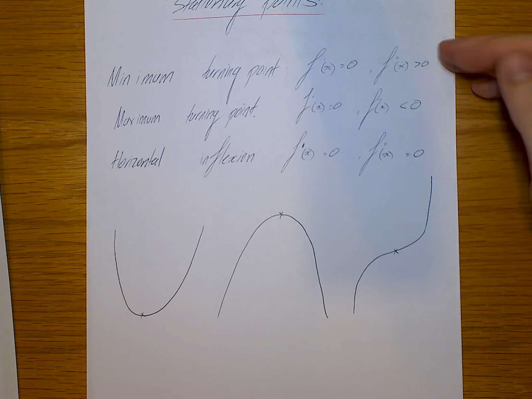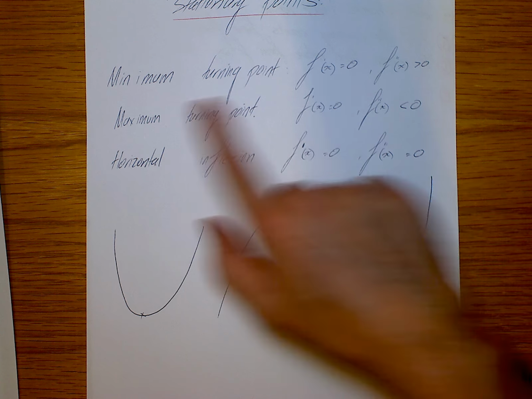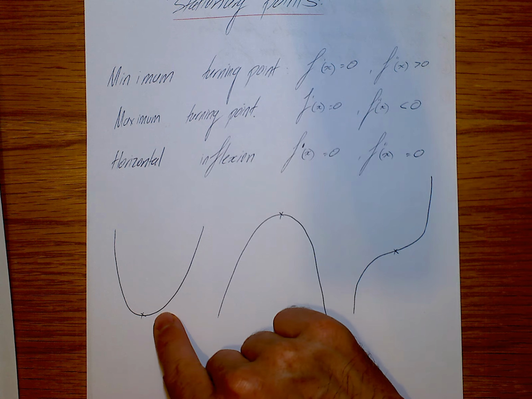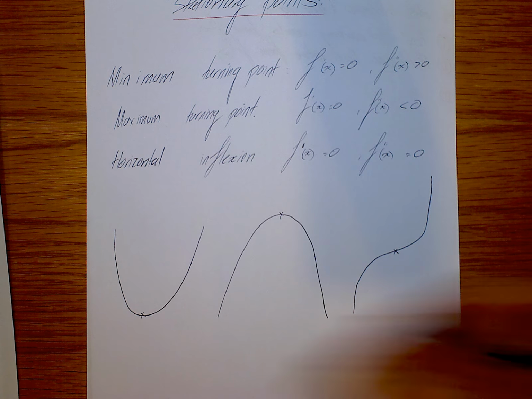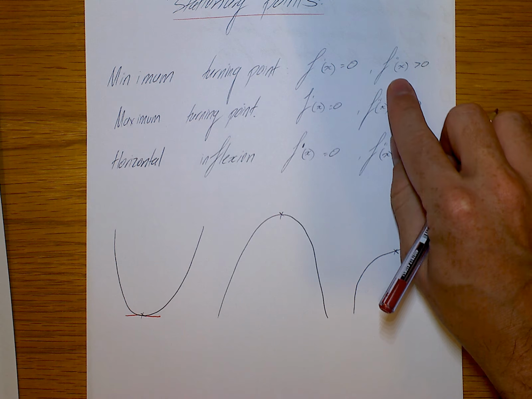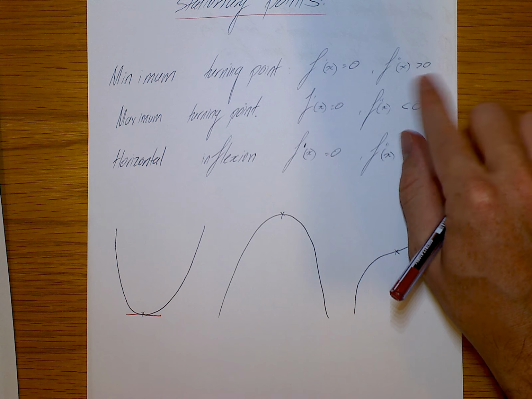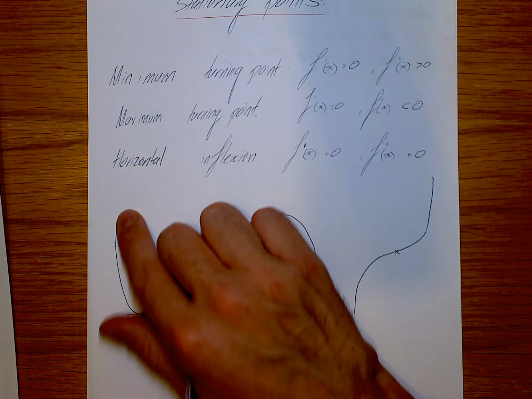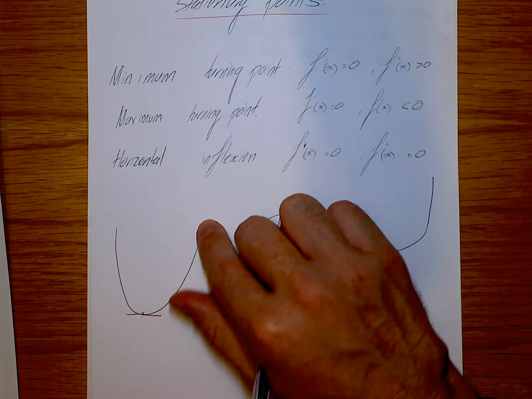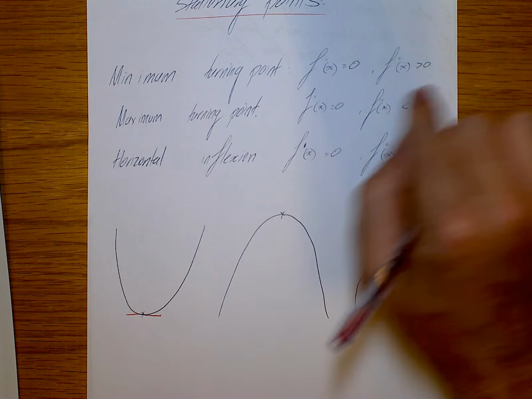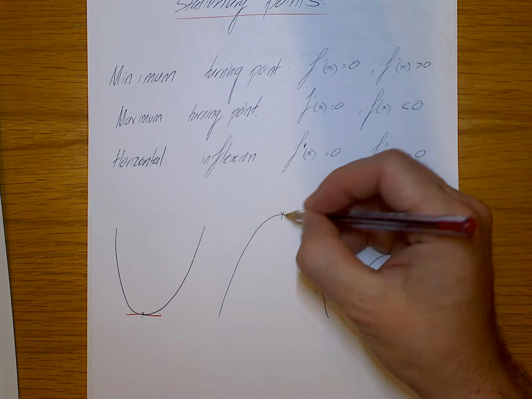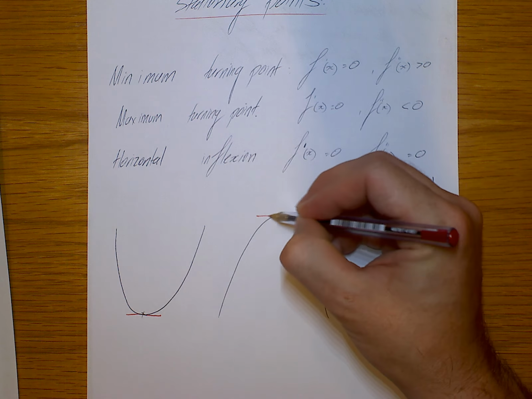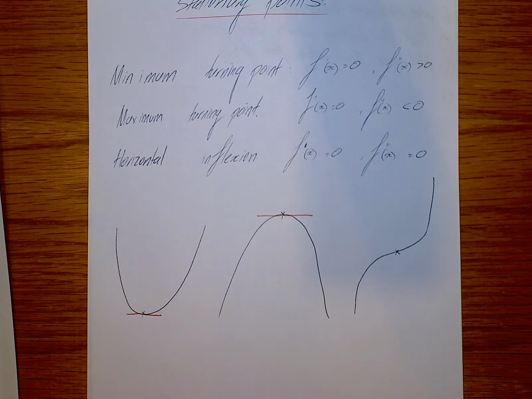So with that, we can have some rules. Our minimum turning point, our f dash x should equal 0, so our gradient equals 0, which is true. And f double dash x should be greater than 0. Therefore, it should be concave up, not bell curved. Our maximum turning point is going to have our f dash equals 0, that is our gradient equaling 0, which it does.